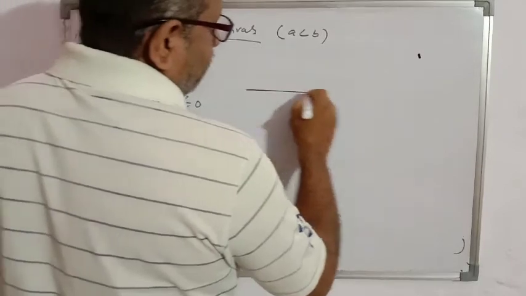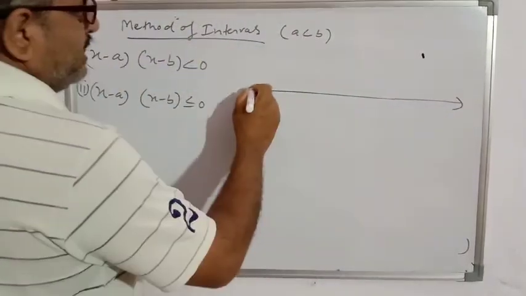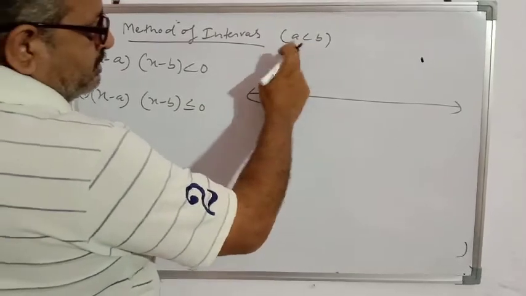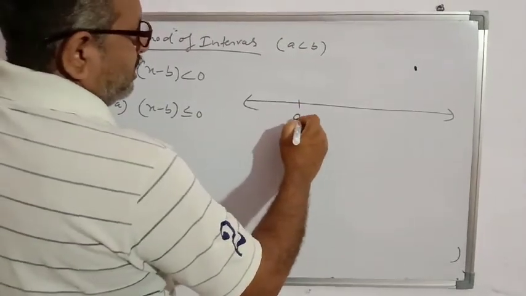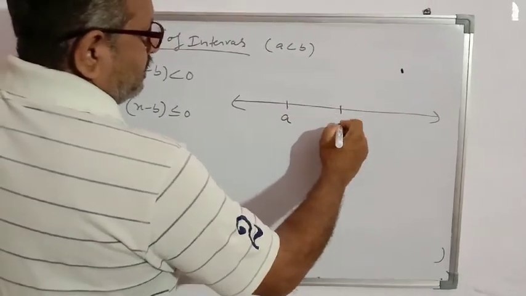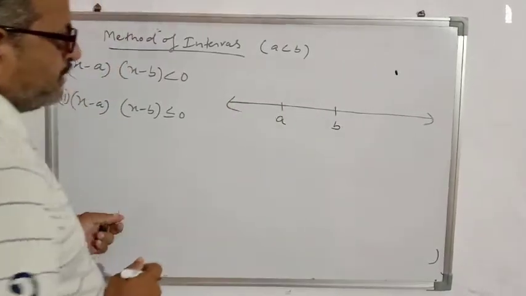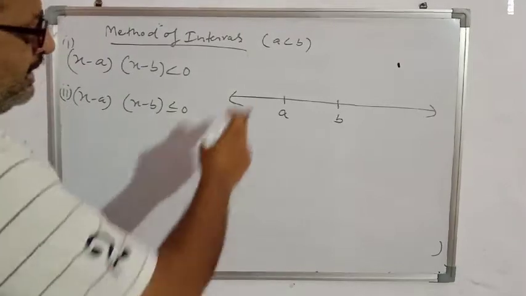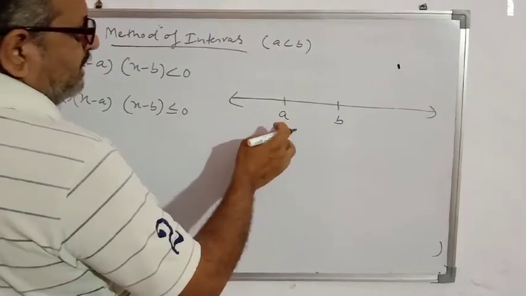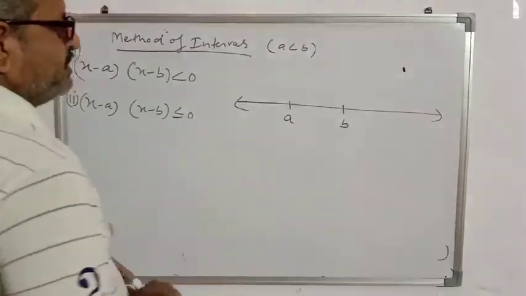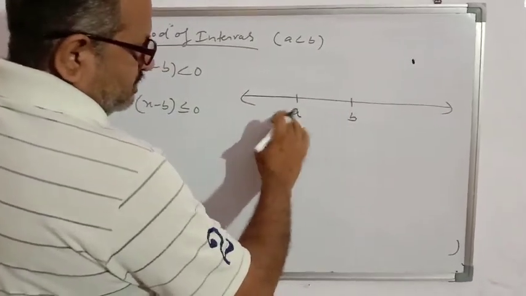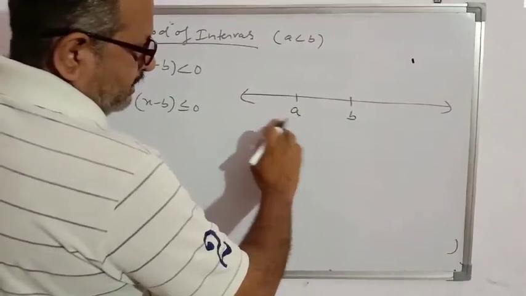So we will draw a number line, a less than b. So we will write a on the left of b. Mark two numbers a and b on the real number line. A is smaller than b, so a we have to write left side of the b. Then this a and b divides the whole real number line into three parts.